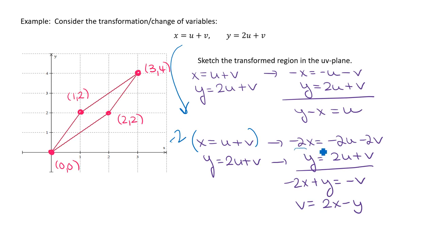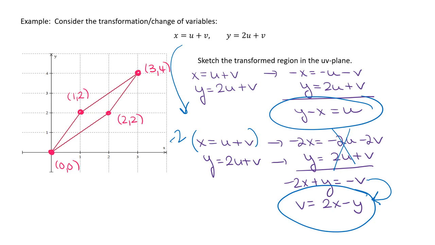So negative 2x equals negative 2u minus 2v. I add that equation with my second equation. Minus 2x plus y equals, the u's cancel out, minus 2v plus v is negative v. And then I'll just divide everything by negative 1. So v is 2x minus y.